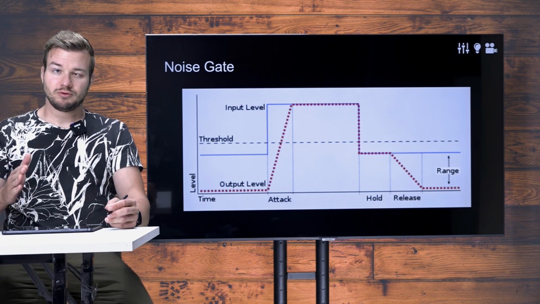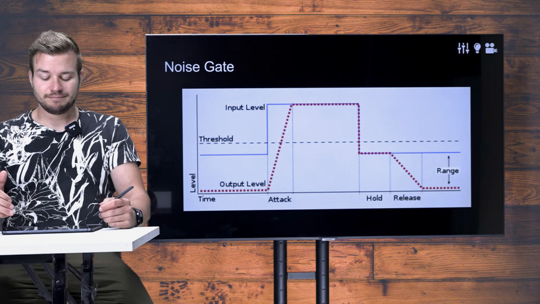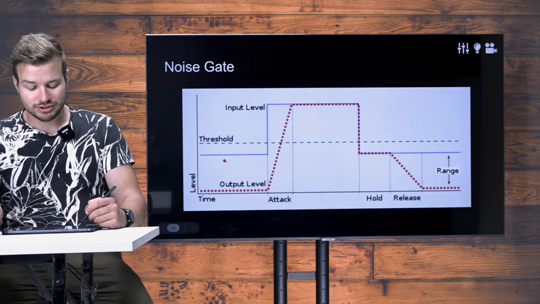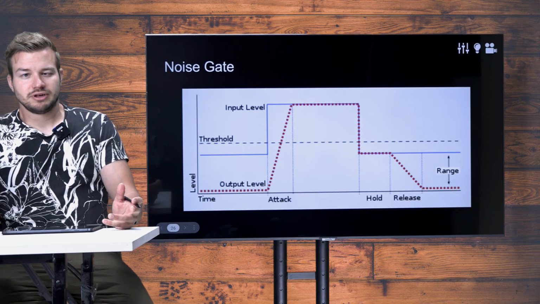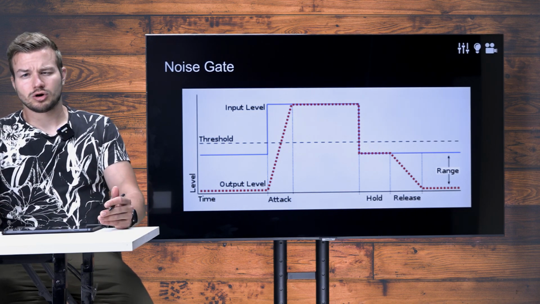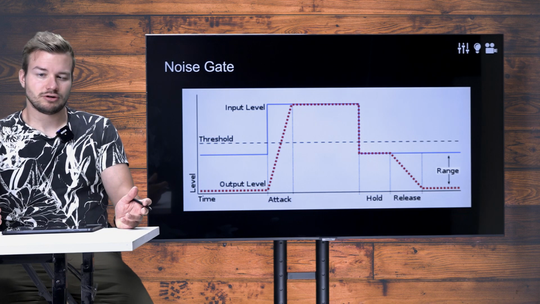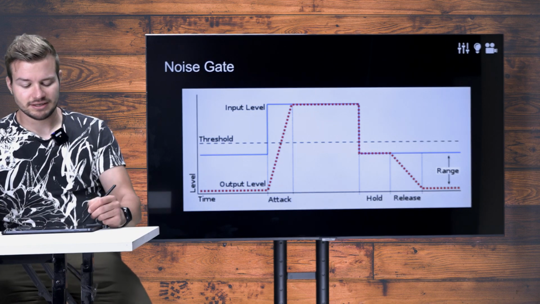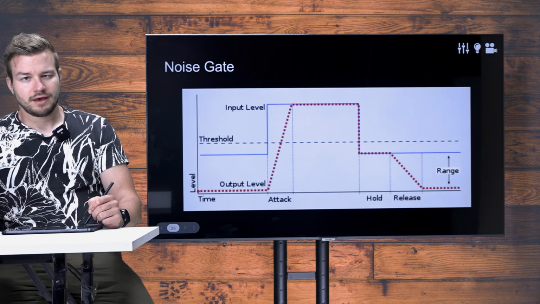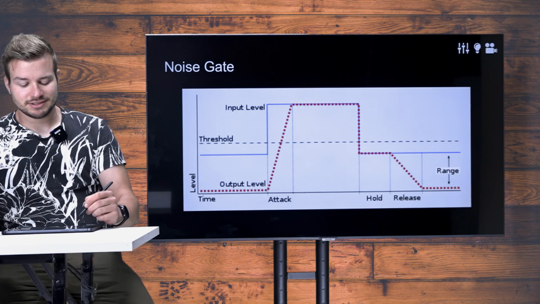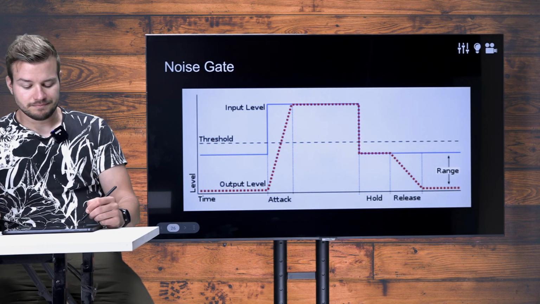When the input level is below that threshold, the gate closes. We can literally imagine the gate to be like a door, and it either lets the signal pass or it doesn't let the signal pass. As the signal is below the threshold, the signal cannot pass the gate, so it is turned down.